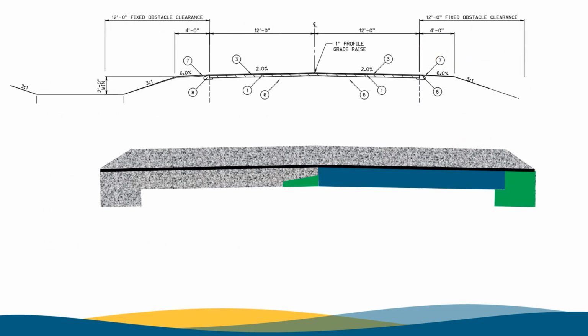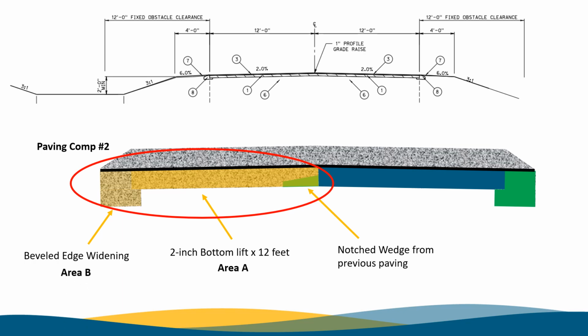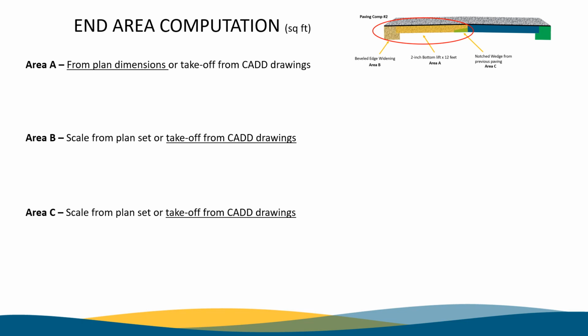Now let's look at paving the matching lane. We have the 2-inch bottom and the widening section and the notch wedge from the previous paving. We will call this paving computation number 2. Let's call the lane area, area A, the beveled edge widening, Area B, and the notched wedge paving, Area C. Again, Area A is 2 inches by 12 feet for a total of 2.0 square feet.